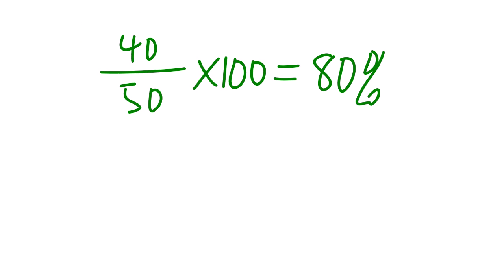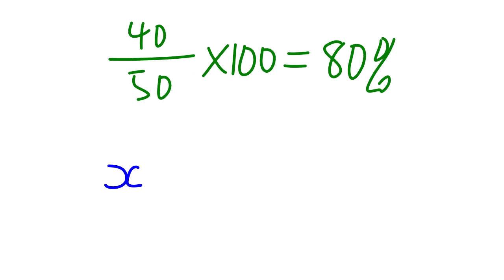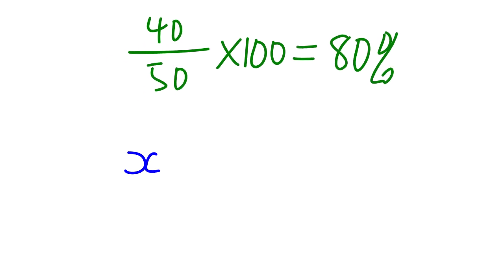Let's assign letters to each of these values. Let's assign x for the numerator, while the 50, which is the denominator, let's assign y for it.